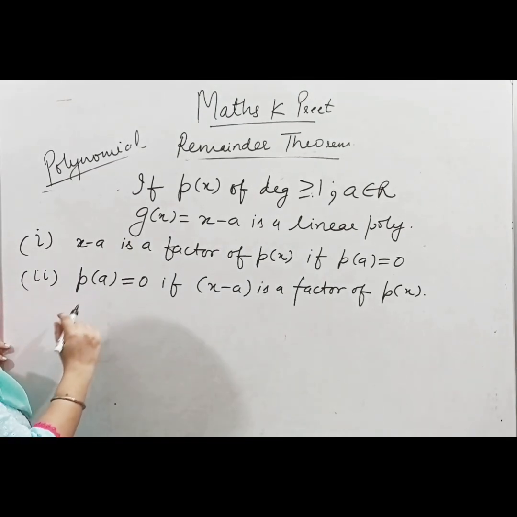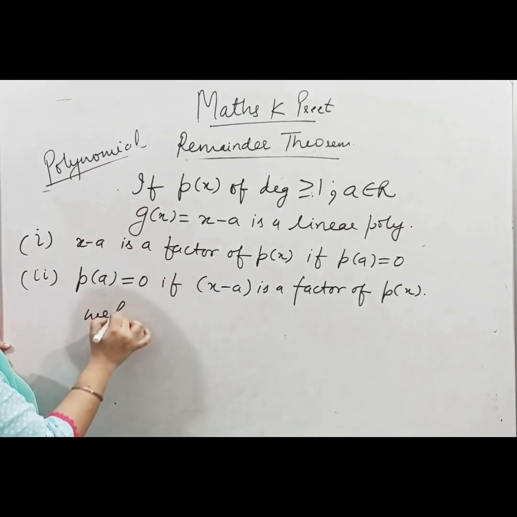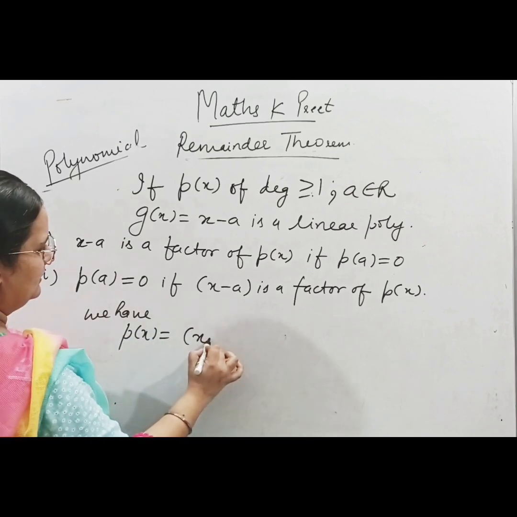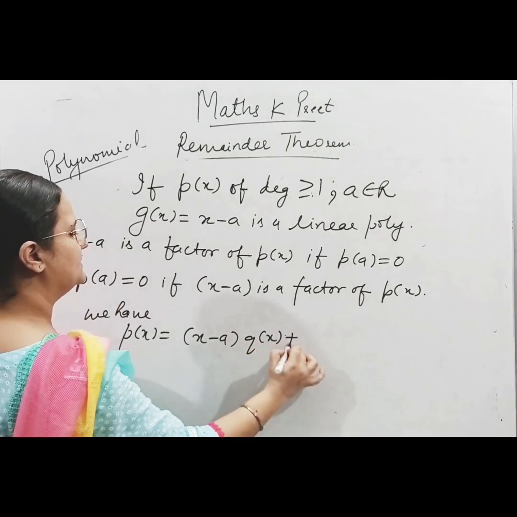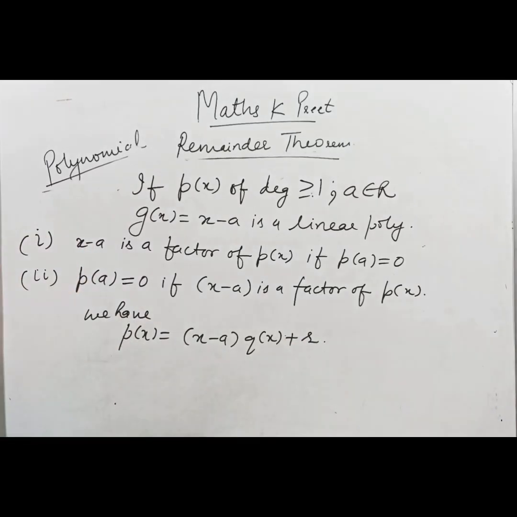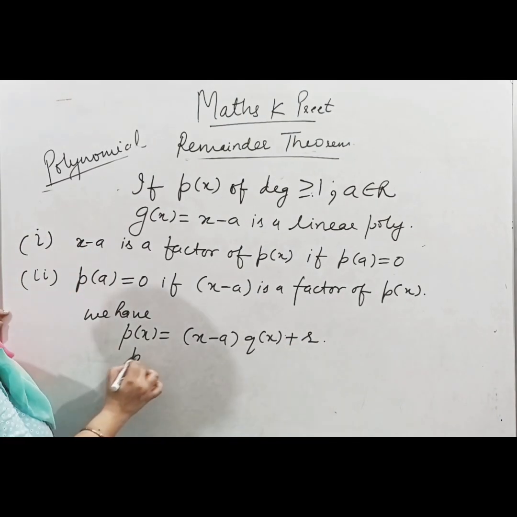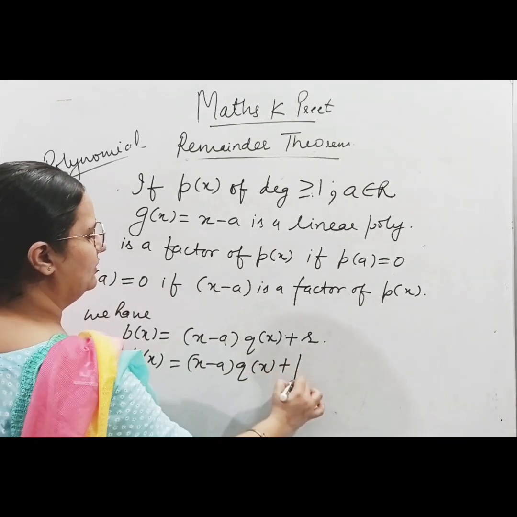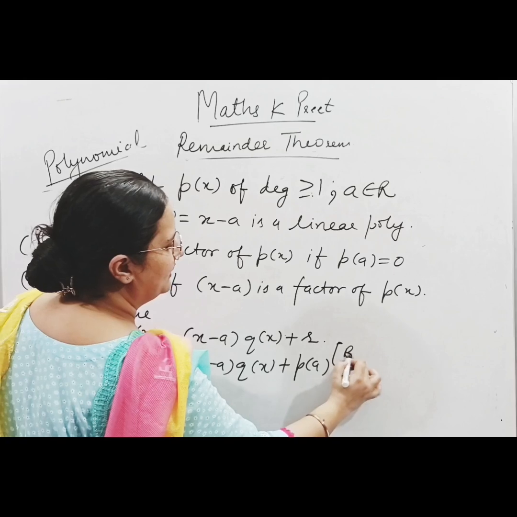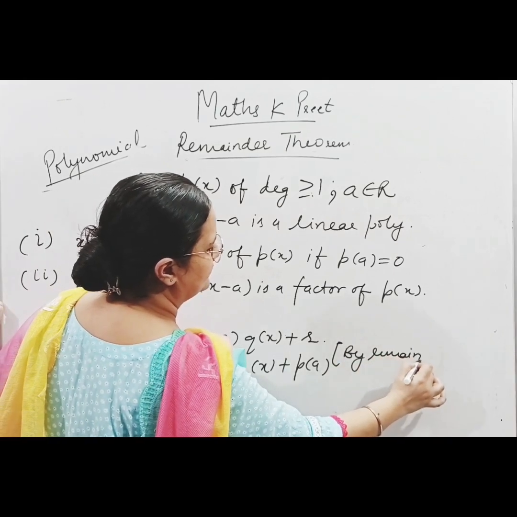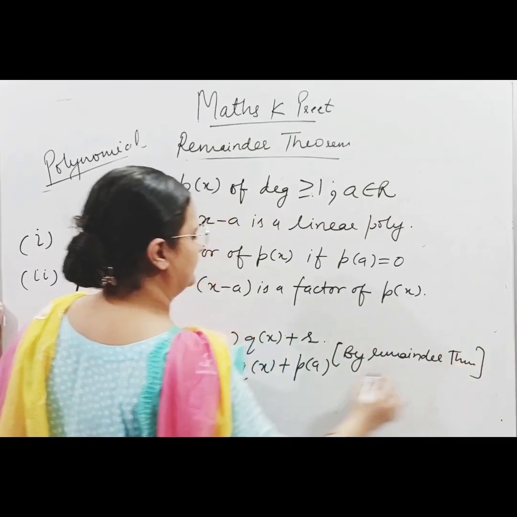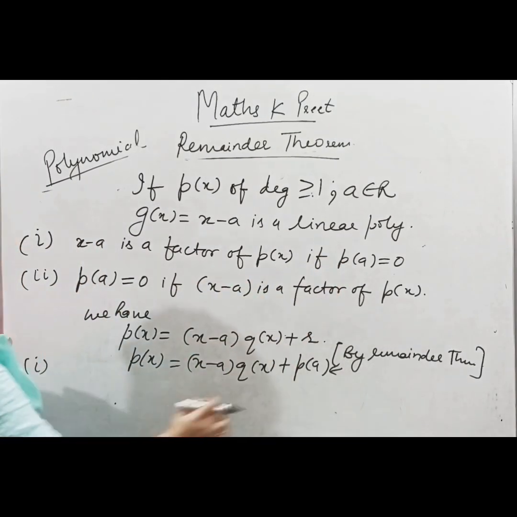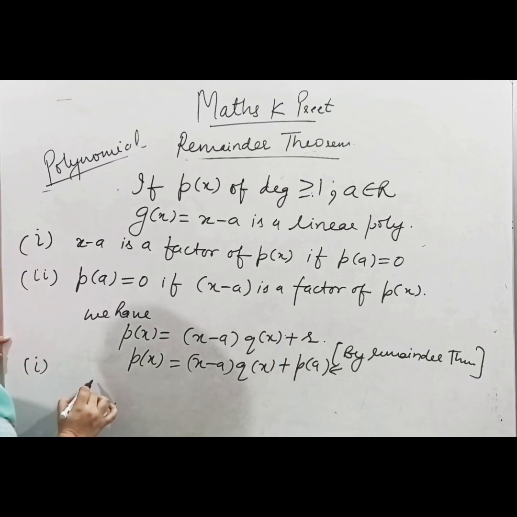On dividing, we can write p of x, the dividend, equals divisor into some quotient plus this constant r, which from the remainder theorem is basically p of a. So first, if p of a equals 0, we put p of a equals 0.